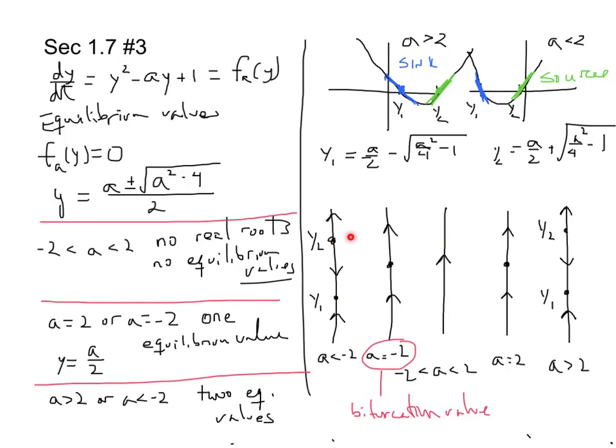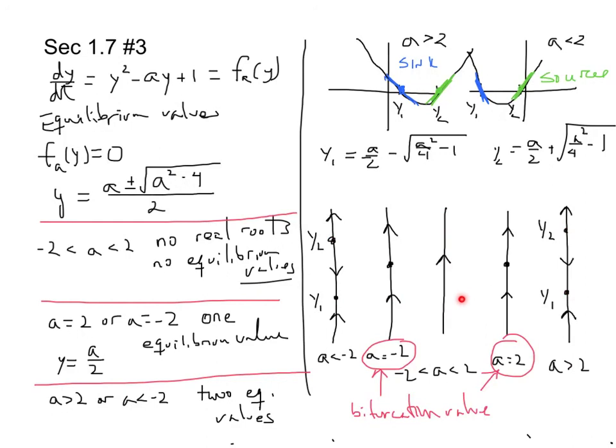Similarly, on the other side, the value of 2 is a bifurcation value. These are both bifurcation values, because the behavior changes when I move to the right or to the left of the value 2. When a is bigger than 2, I automatically will have two equilibrium values, a source and a sink.